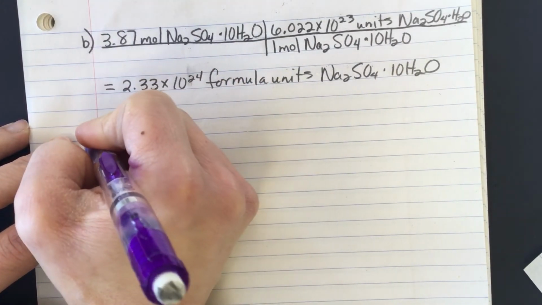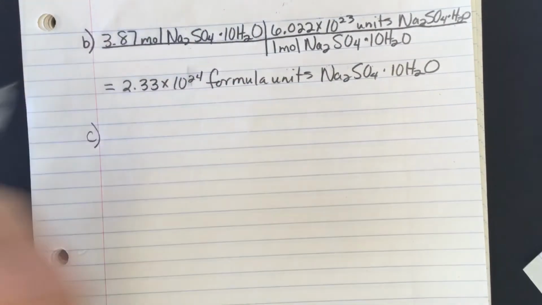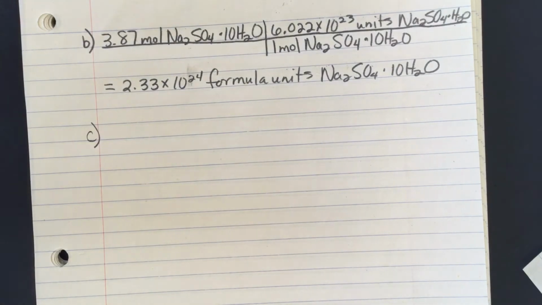Okay, going on to C. They wanted to know how many hydrogen peroxide molecules are in 1 liter of 3% hydrogen peroxide purchased at the drugstore.